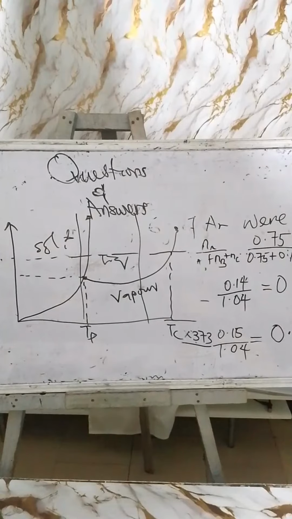Okay, so I'm going through the comment section. Abijay said, "Ma, can't we use the total number of moles to get the total pressure?" Yes. Sorry, you cannot use the total number of moles to get the total pressure, because the total pressure is the sum of the pressures of the individual gases present in the vessel.